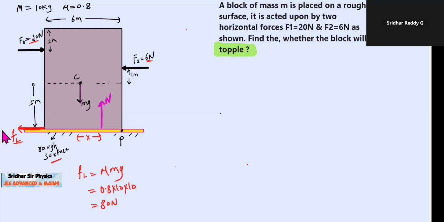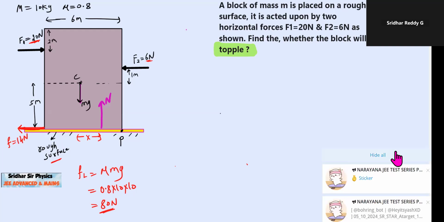What is the difference of these two? 20 minus 6, definitely it will be only 14 Newton. So the friction will adjust itself to 14 Newton.